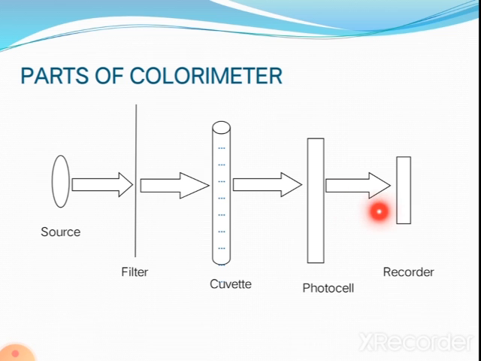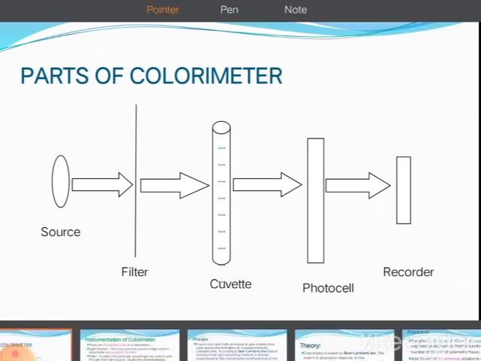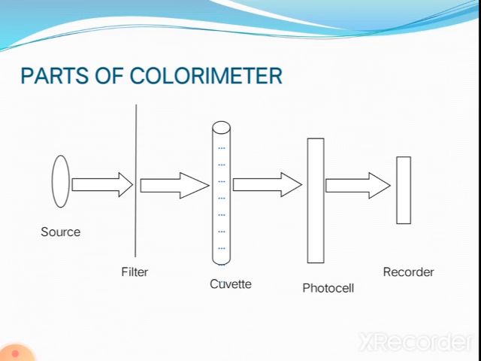Those signals are fed into the recorder, which may be digital, analog, or a plotter, giving information about the light absorbed by the colored sample.